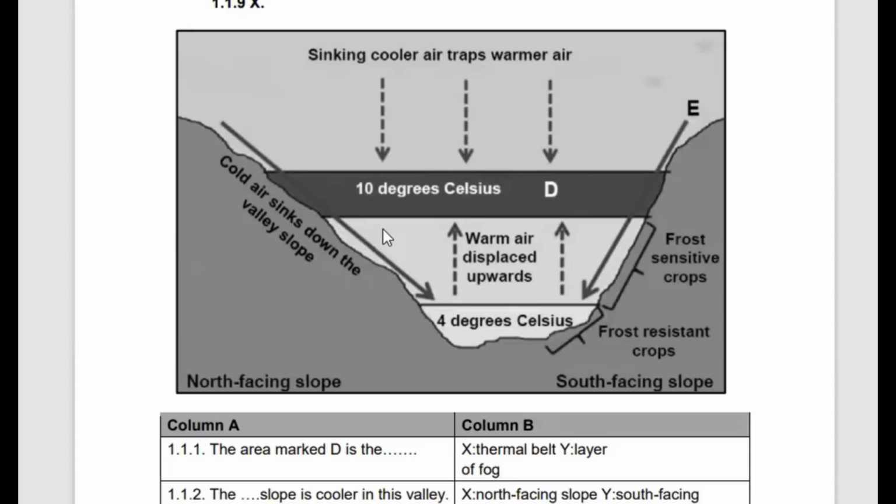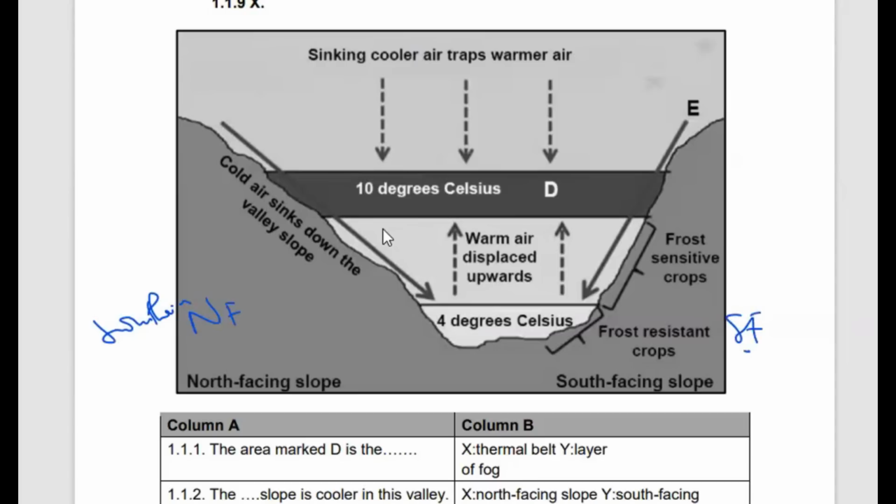Right, if we are in the southern hemisphere, this is our north-facing slope. I think you can see, basing on slope aspect, we are saying this is the north-facing slope, and this is our southern slope. Right, and we are seeing that this is our south-facing slope.